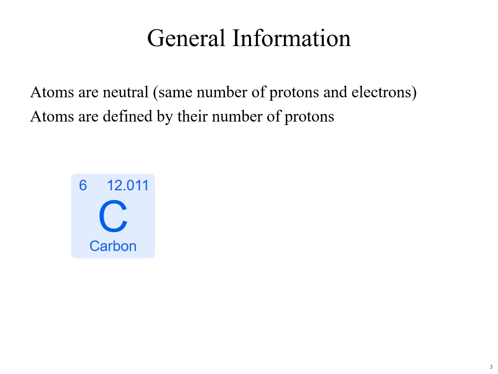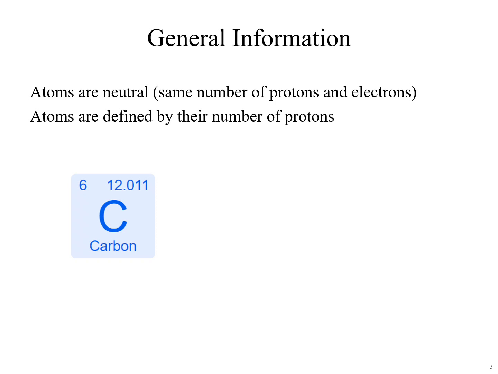So if we can determine the number of protons looking at the periodic table, because that number is given by the atomic number, then we can also find out the number of electrons, because we know that atoms are neutral. So if, for example, carbon contains 6 protons, that's 6 positive charges, because each proton has a charge equal to +1.